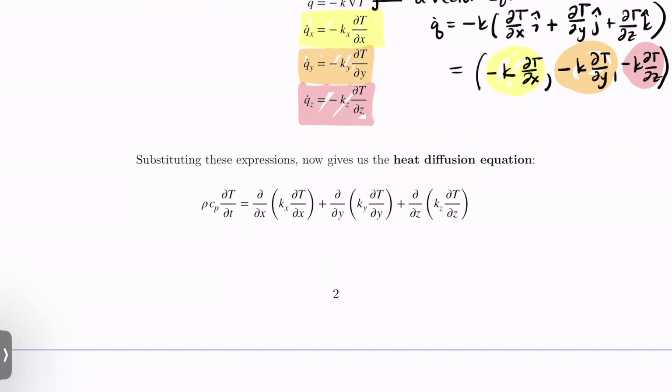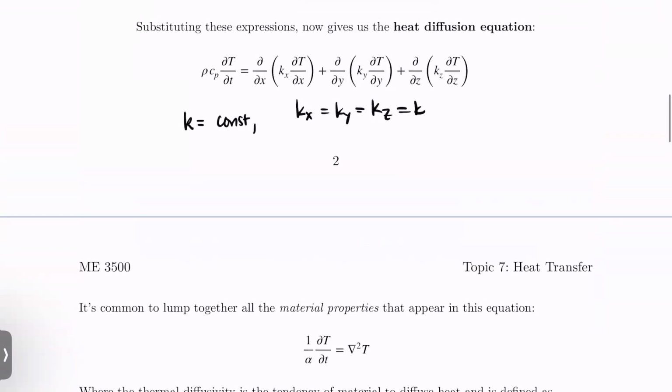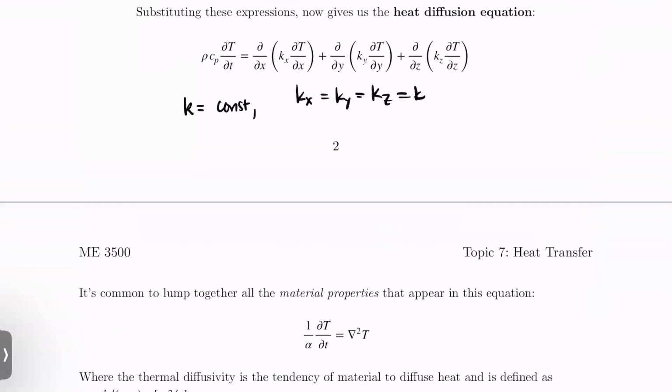Generally, and this is almost always the case, as far as I have ever seen, we assume that K is a constant, which means that these Kx, Ky, Kz are all K. So if they are all equal to just K, we can pull them out of the derivatives, right?